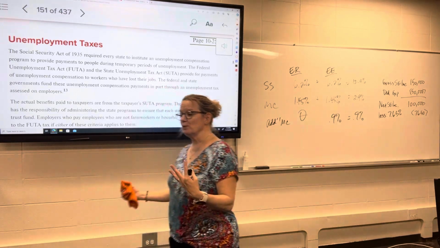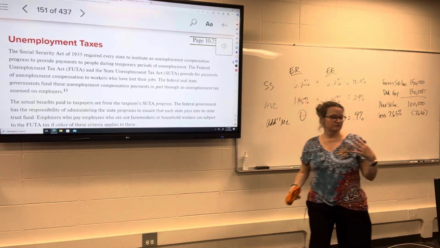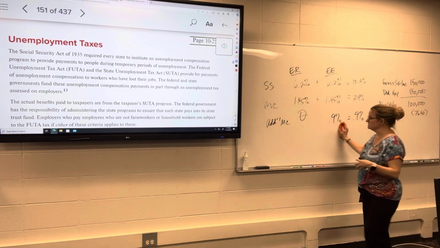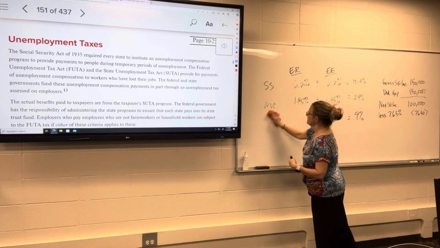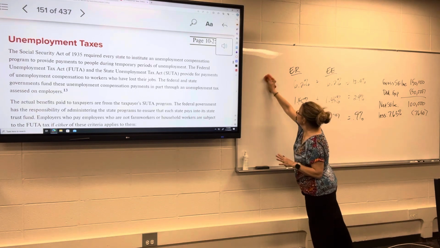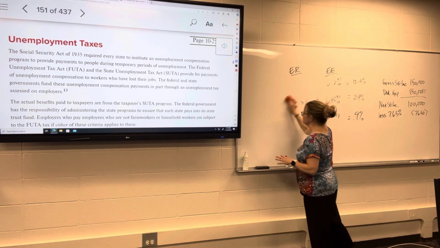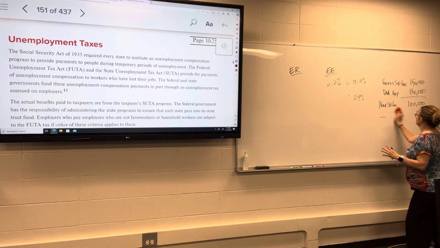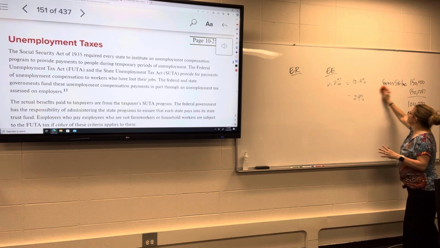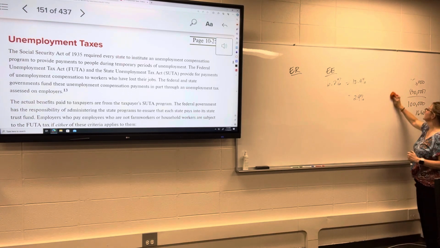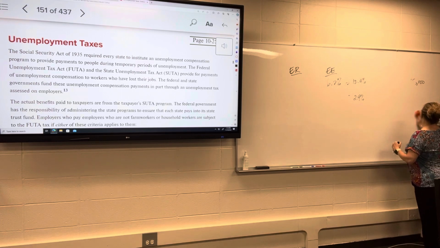For any individuals that are just self-employed but there's no household employee involved, we wouldn't really be worrying about the federal unemployment tax. That is going to be the responsibility of employers. So employees never have to worry about that amount. But if we have a household employee, we may have to pay unemployment tax on their behalf.